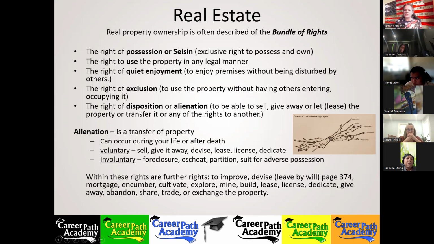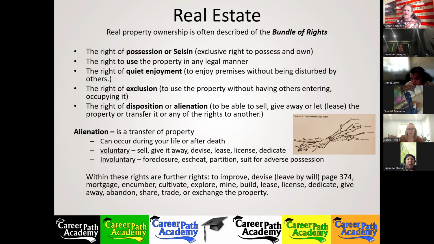The right of disposition or alienation, to be able to dispose of or alienate the property. Alienation is to give the land, to sell it, to be able to give it, sell it, let it. That means to lease it. And when you do lease property to someone, what are you giving that tenant?